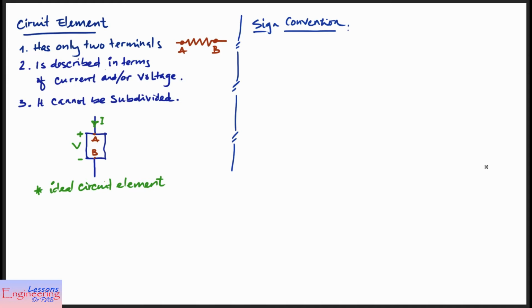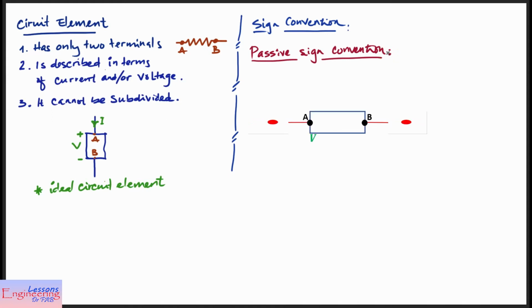For the discussion of electronics engineering topics in engineering lessons, we will stick to a convention called the passive sign convention. Passive sign convention states that the reference current flow is in the direction of voltage drop.